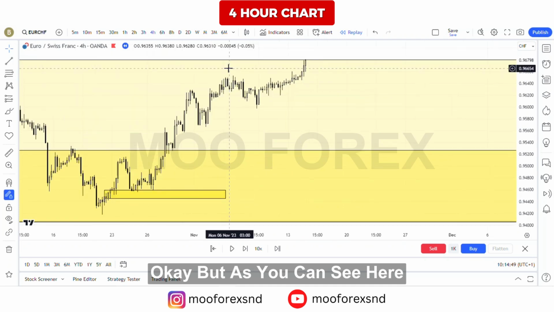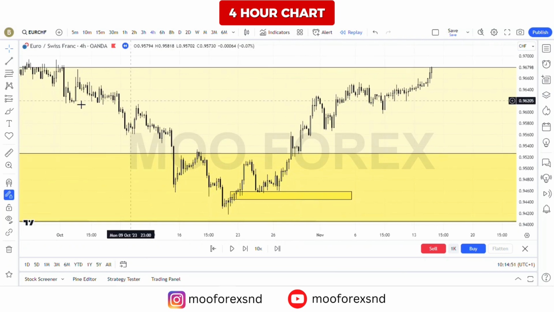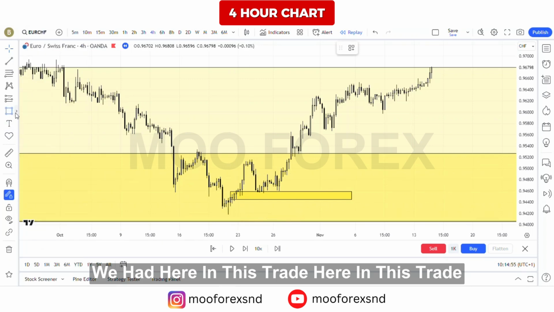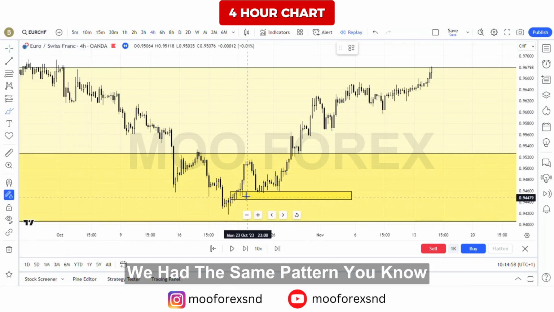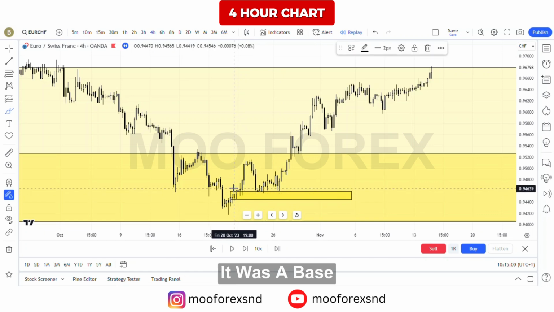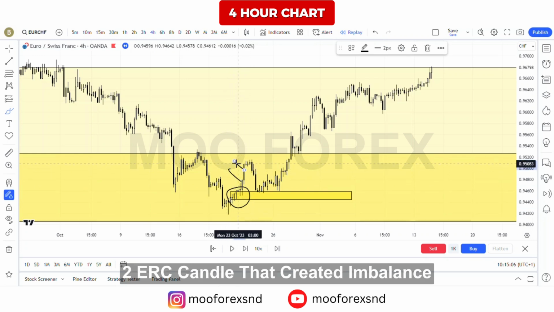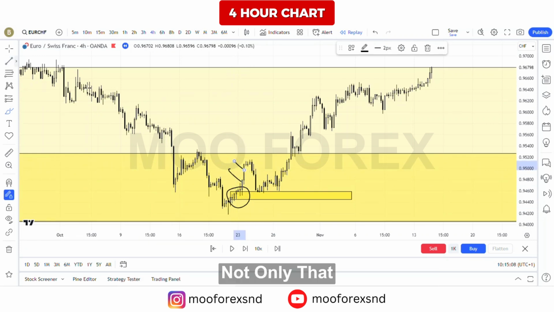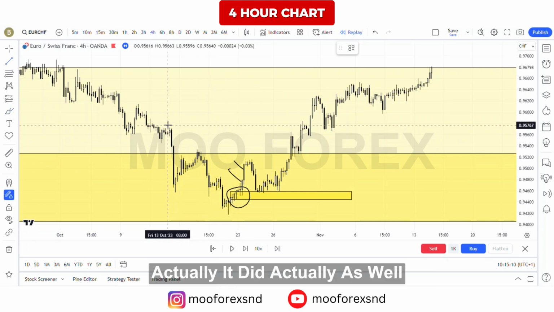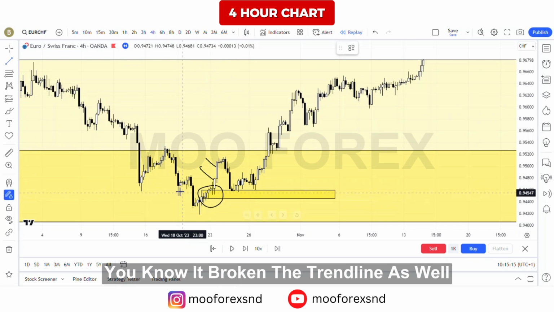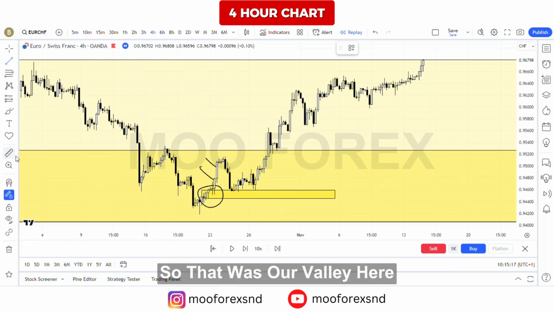But as you can see here in this trade, we had the same pattern. It was a base, and then two ERC candles that created an imbalance. Not only that, it also broke the trend line. So that was our valley here.